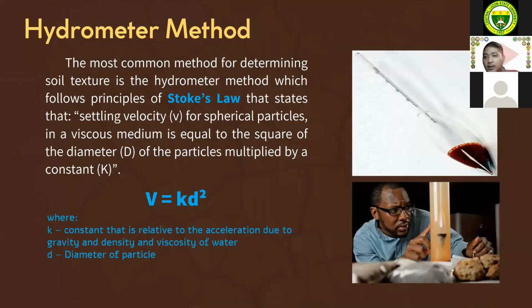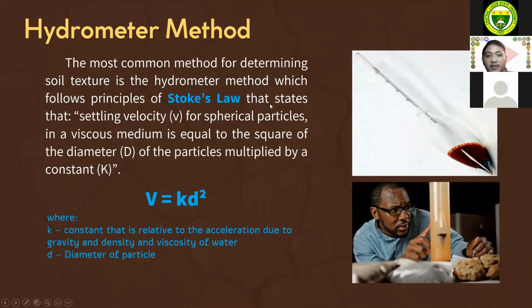And the most common na ginagamit sa pag-measure ng texture is yung hydrometer method natin. So hydrometer method is the most common method for determining soil texture. It follows the principles of Stokes' Law.